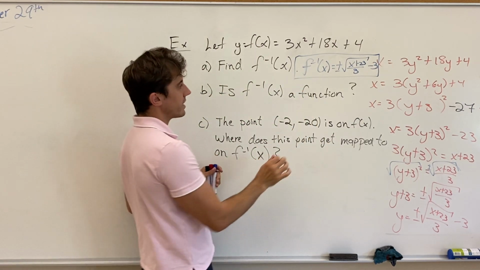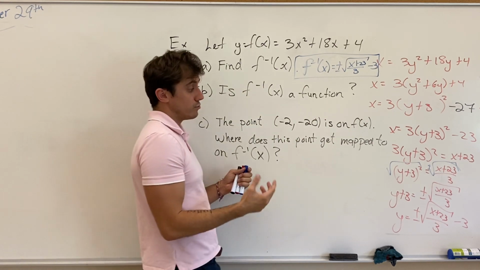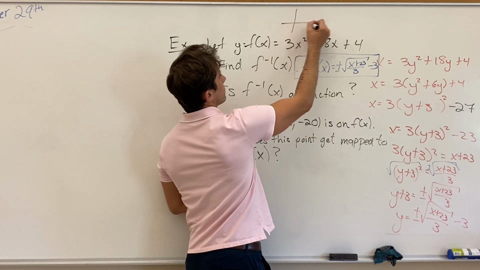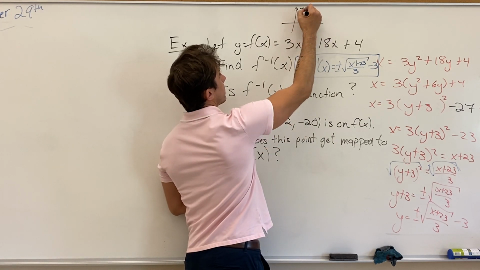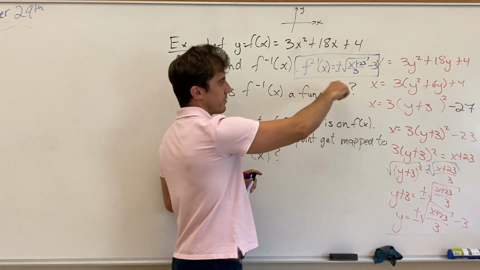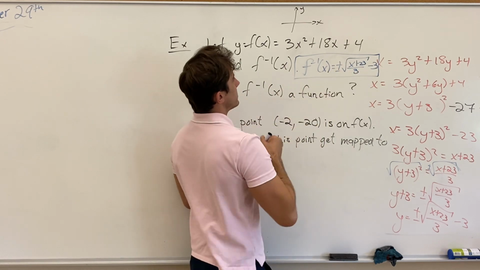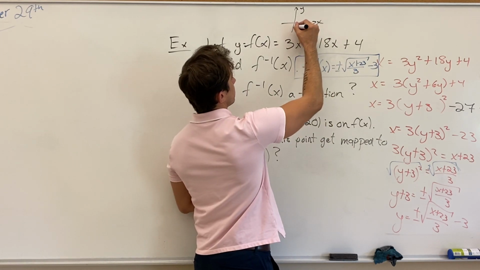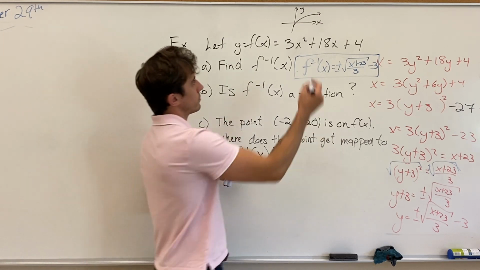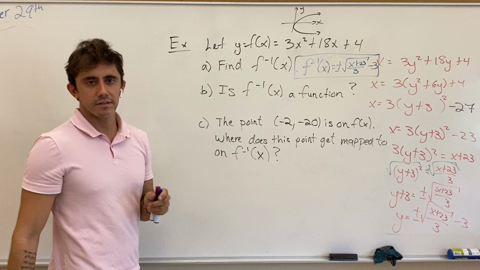We can't call it a function yet because we don't know whether it passes the vertical line test, and you might get a hunch that it will not pass the vertical line test, because if we kind of graph this quickly even in our heads, the positive version of that square root term is going to give us a typical square root looking curve, right? Something like that. And then the negative version would give us simply the bottom side of that curve.